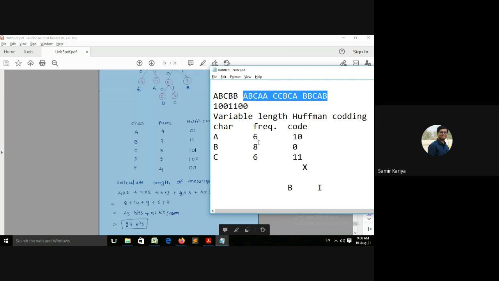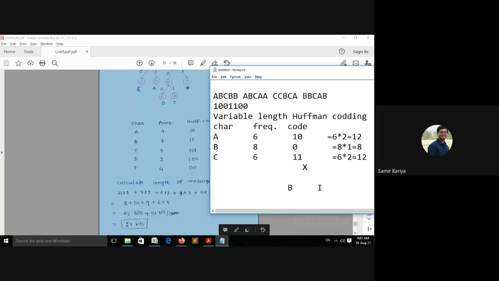It's obviously similar to 6 into 2, that's 12. Here 8 into 1 bit, because B has only one bit, so the final is 8. Here 6 into 2, so again it's 12.